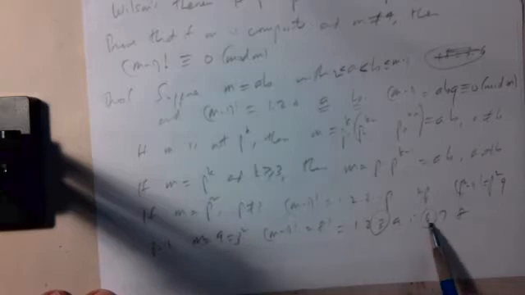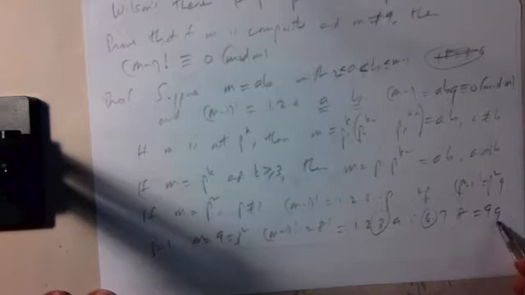So this number is divisible by 18, so it's divisible by 9. This is 9 times something. And that's the proof. So again, you might have to go through this yourself at home and think about it, but this is the argument.